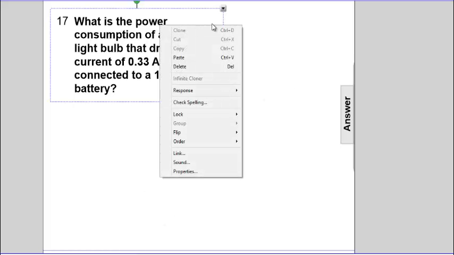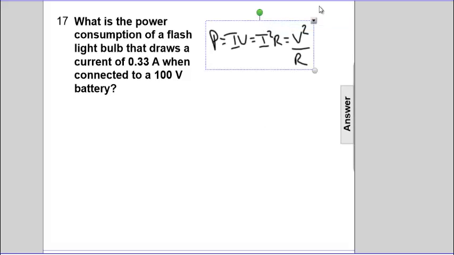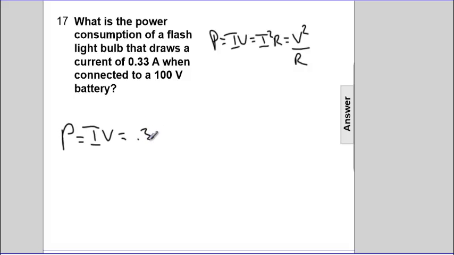So again, a similar problem. Problems always repeat themselves to show you multiple examples. Again, power is I times V. So you're given 0.33 amps of current.